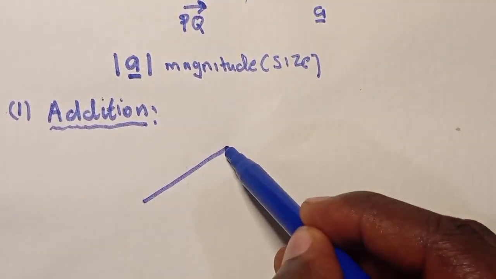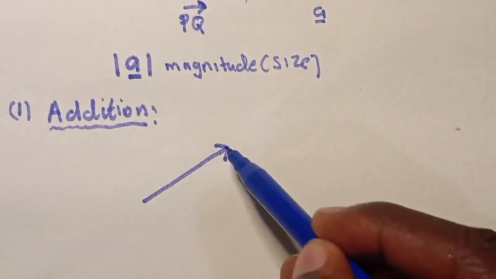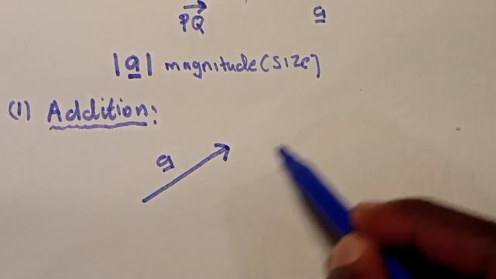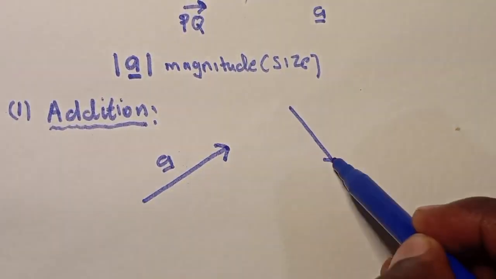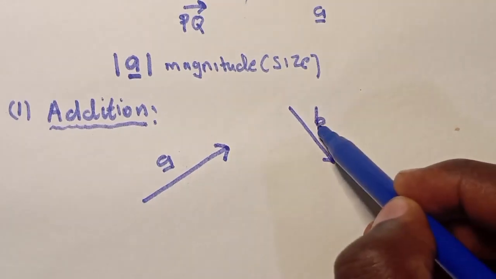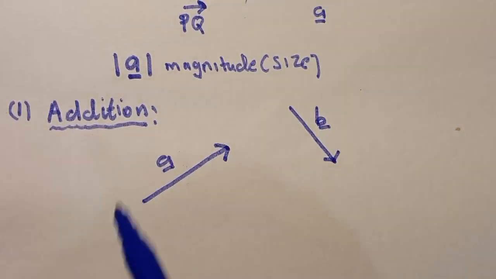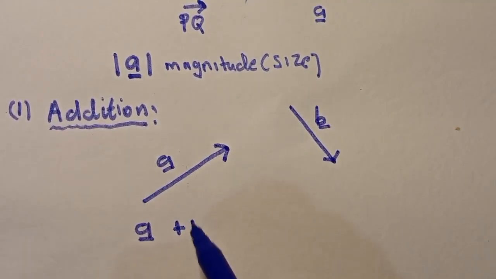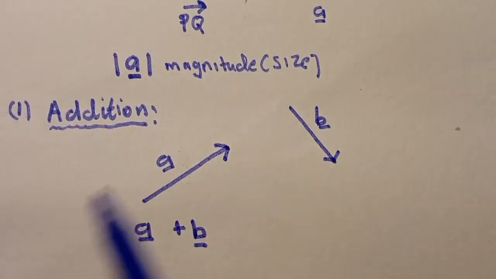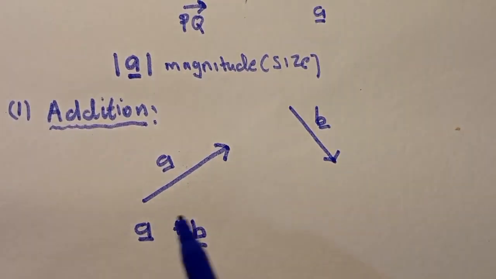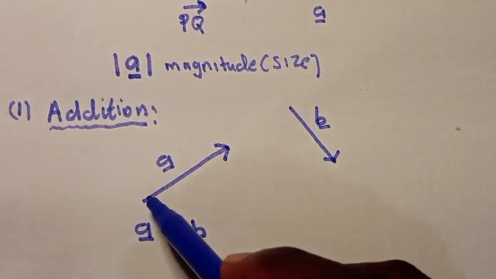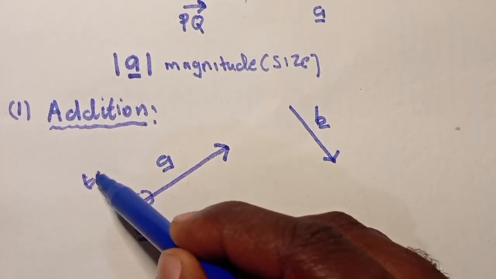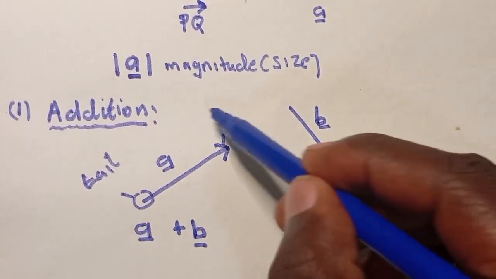Let's say this vector here is vector A, and we have another vector here, vector B. If we were to add these two vectors, we say vector A plus vector B. This part here is the tail, and where the arrow is, is the head.